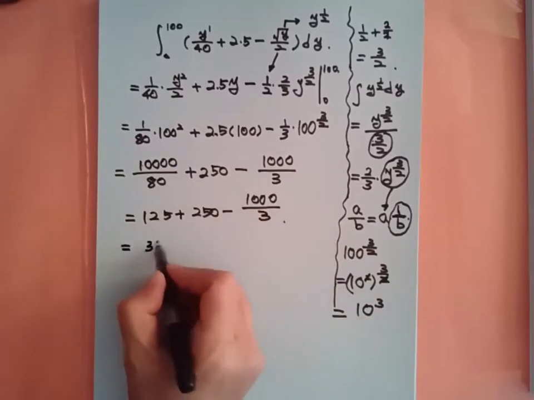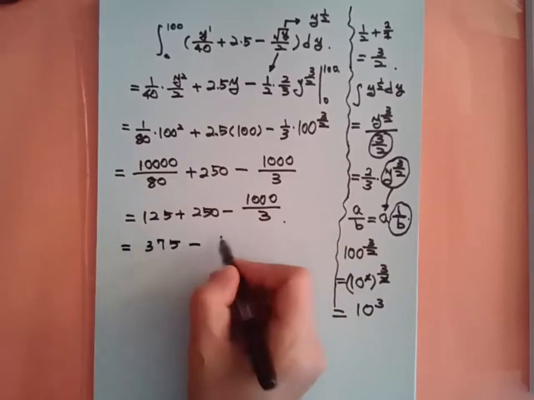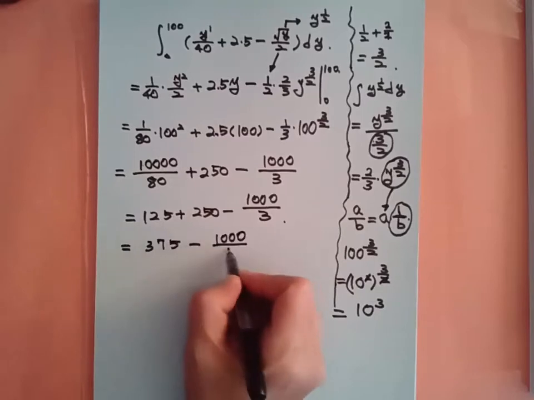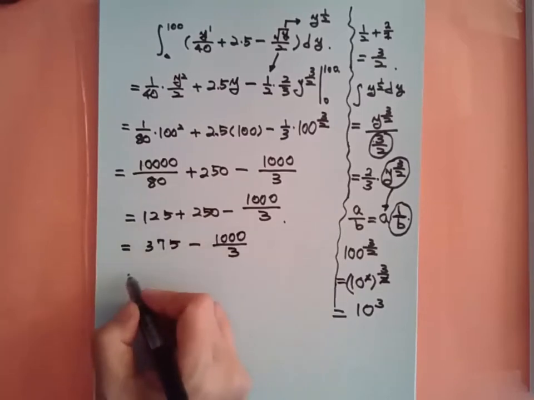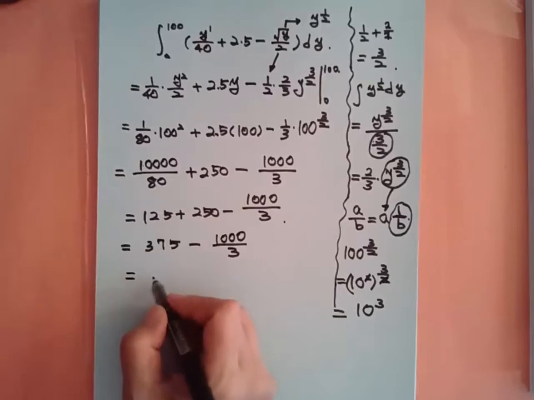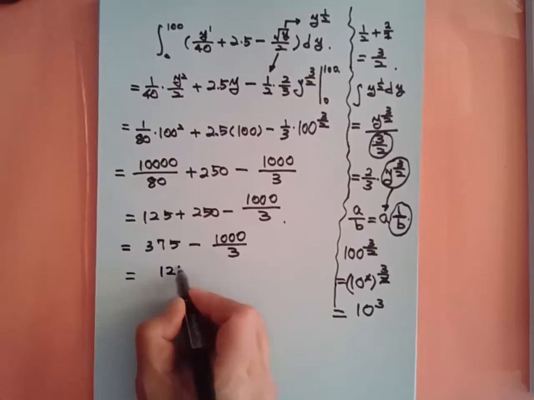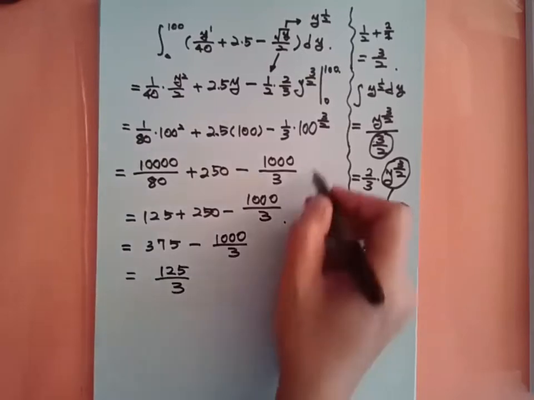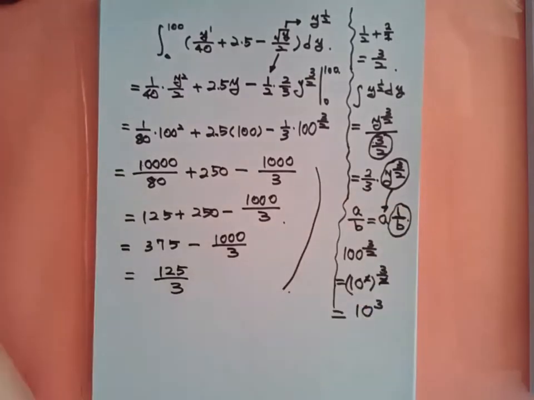That is 375 minus 1,000 over 3. You can use a calculator, then you will get 125 over 3. Any question?